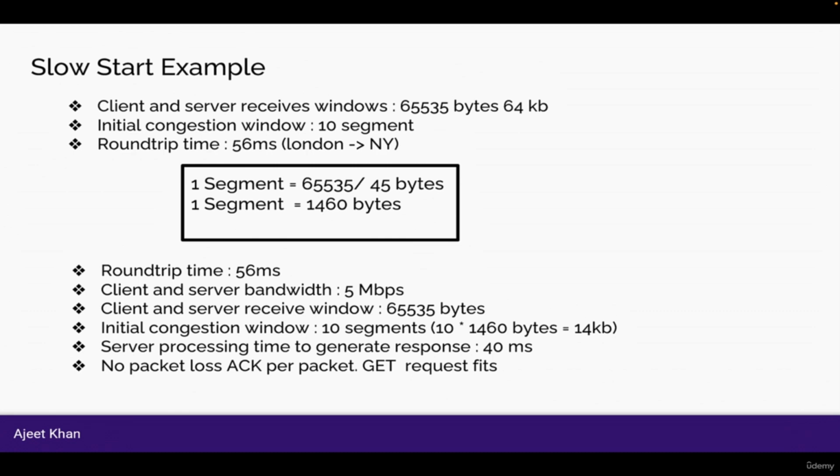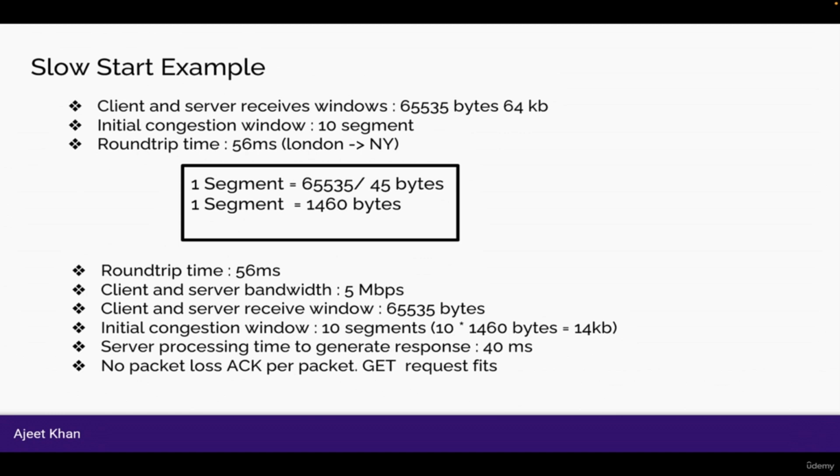One segment is equal to 1460 bytes. Round trip time is 56 milliseconds. Client and server bandwidth is 5 Mbps. Client and server receive window size is 65535 bytes. The initial congestion window of 10 segments is equal to 10 times 1460 bytes, which is about 14 KB.